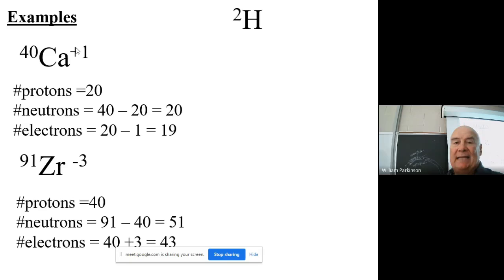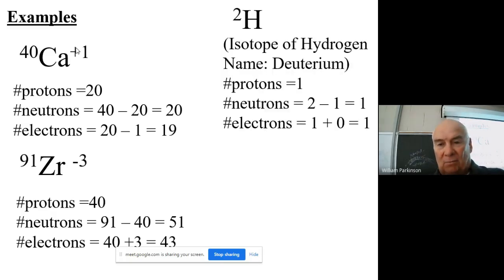And if I had hydrogen 2, which is called deuterium, such an important material, we actually name this one deuterium. It actually has basically its own atomic name. It's still an H, so it has 1 proton, but it is an isotope of hydrogen that has a neutron in the nucleus with that proton. And because it's neutral, it has 1 electron as well.